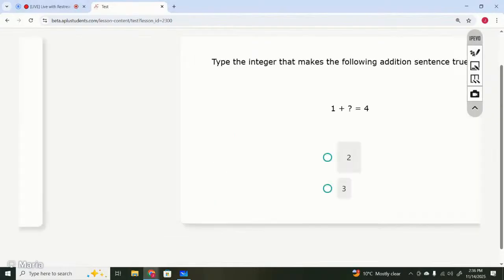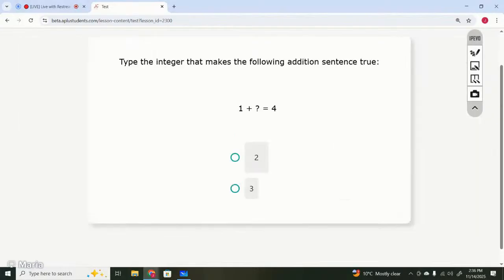Option number 1 is the correct option. Okay, 1 plus the missing number is 4.